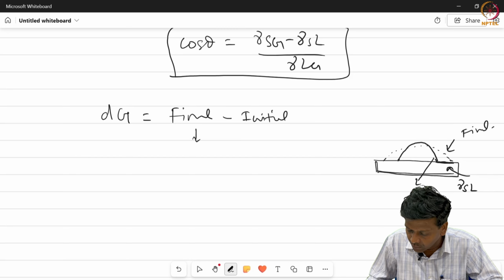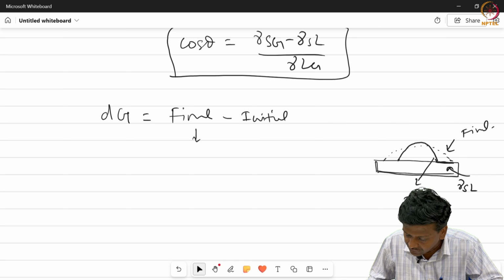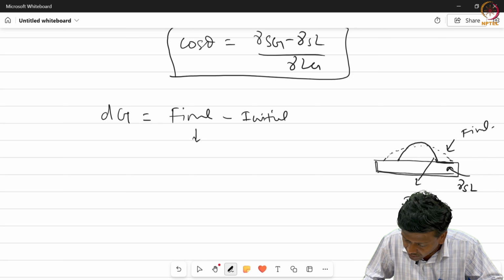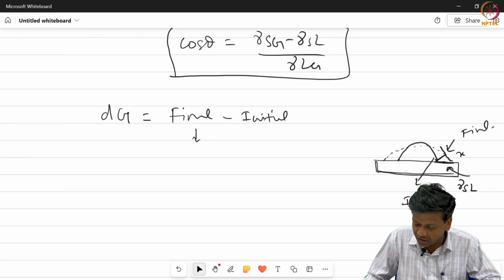So we know this gamma SL, and at the same time, the area associated with gamma LG has also increased because of the spreading, right? If you want to understand this increase in area, one can calculate it using a geometric relation.